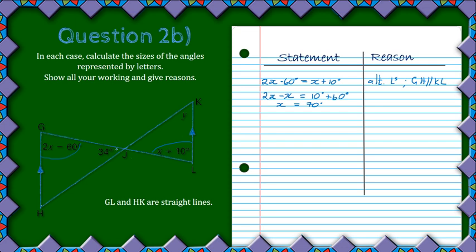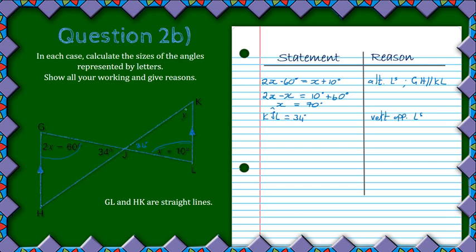So let's say that KJL is equal to 34 degrees, and my reason is vertically opposite angles. So if I have this 34 over here and I have this being x, which is 70 degrees, so this whole angle is 70 plus 10, so that gives me 80 degrees.